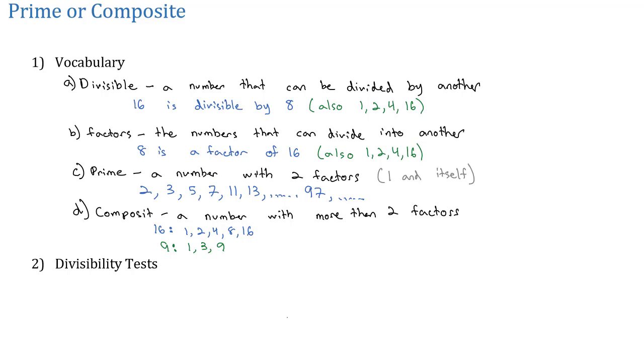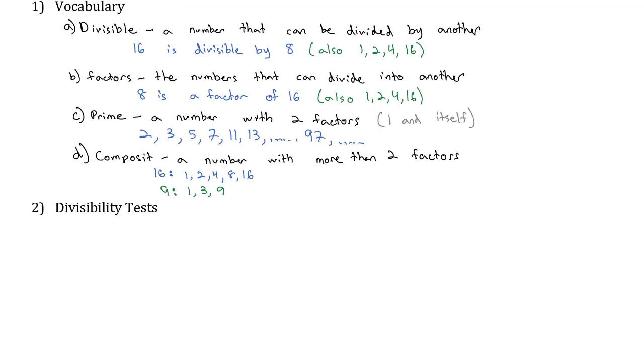Now, when working with fractions, we often want to find prime numbers that we can divide into larger numbers. And to help us do that, we have these things that are called a divisibility test. There's lots of divisibility tests, but we might be interested in the divisibility test for 2. How do I know if a number can be divided by 2?